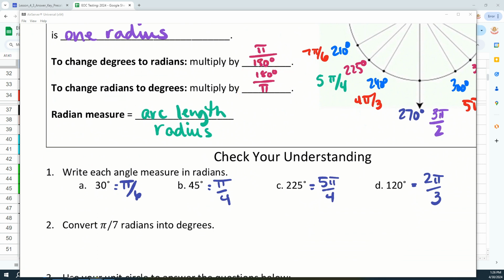We're just going to take pi over 7 and multiply it by 180 degrees over pi. So what's going to happen to the pi's? They're going to cancel. And in your calculator, you would just do 180 divided by 7, and you get approximately 25.71 degrees.